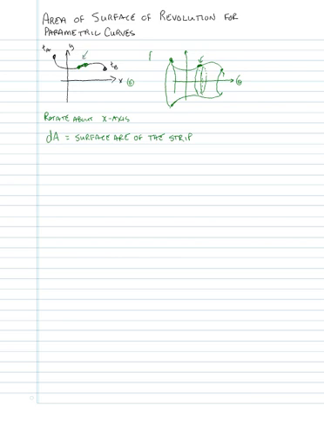That once again is a ds. And what we found out before is that this surface area ended up being 2 pi times y times ds. We did a lot of work to do that.